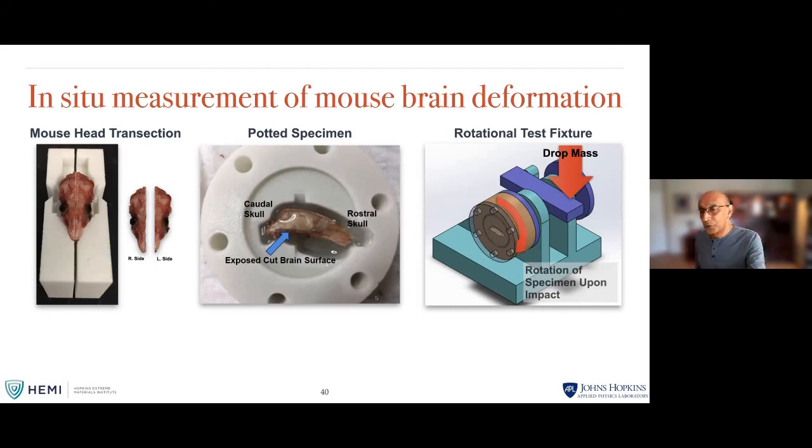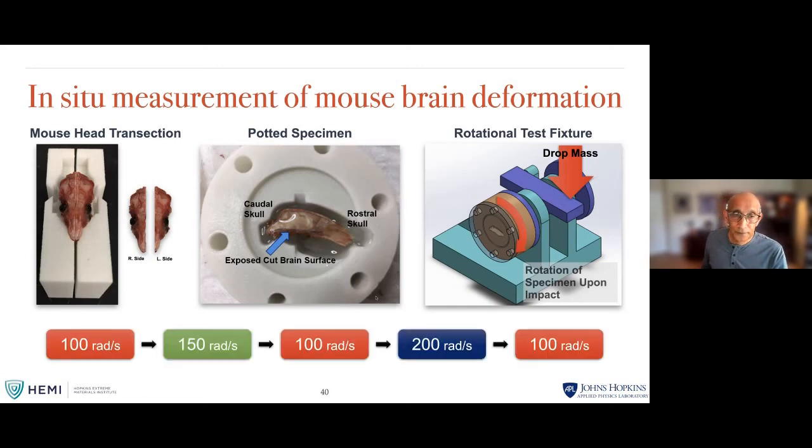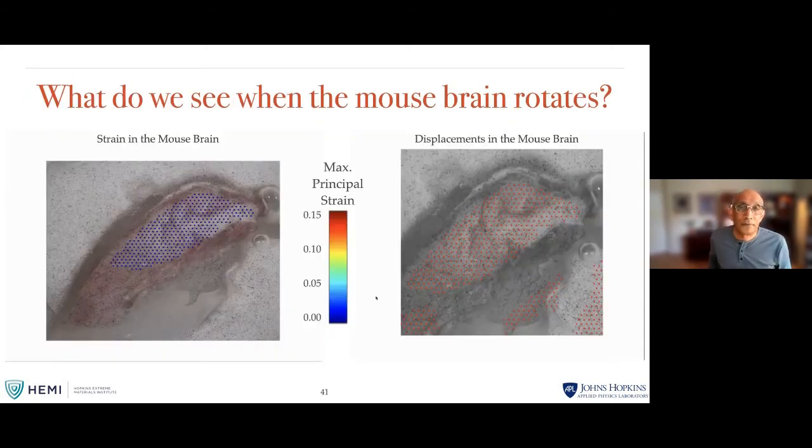We put this half mouse head inside a system where we can rotate it really fast, and then I can measure using DIC how the mouse brain deforms. I do this for different rotational speeds, 100 radians per second, 150, 200, and so forth, and I can measure the deformation in each case. I also have a model for the mouse head, so I can now compare the two.